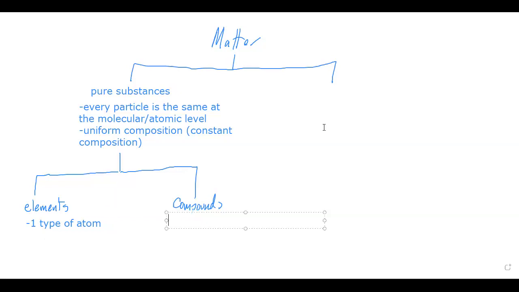In a compound, we've got to concern ourselves with a couple of other things. First of all, compounds are made out of two or more types of atoms. And those atoms in a compound are chemically combined.